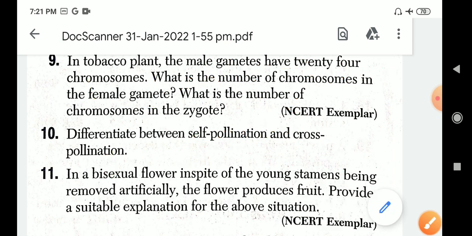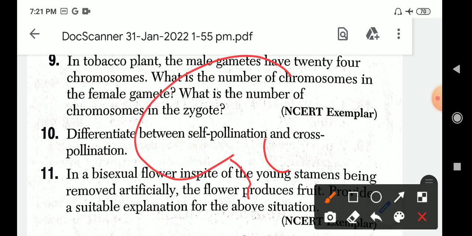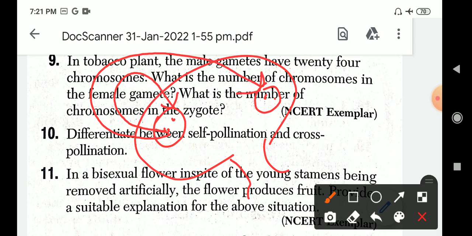Suppose this is a plant and this is a bisexual flower which has both organs, and this is a second flower having both organs. Pollen may be transferred from the anther of this flower to its own stigma, or to another flower on the same plant, right?